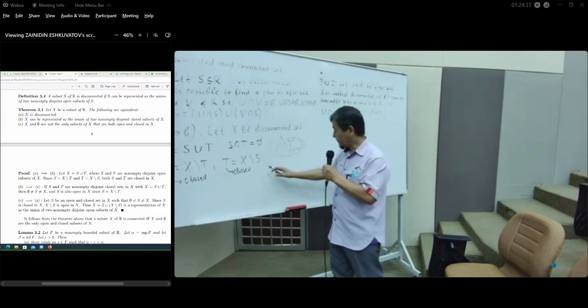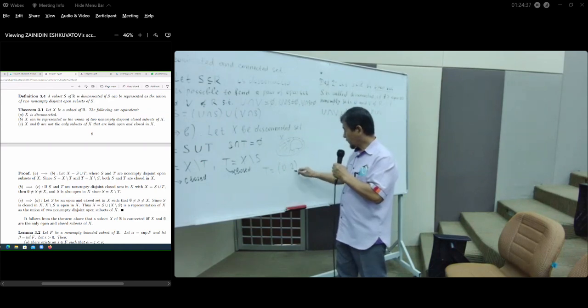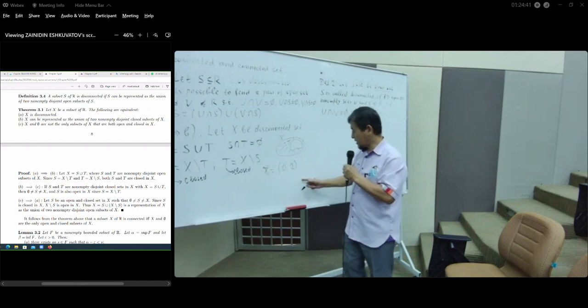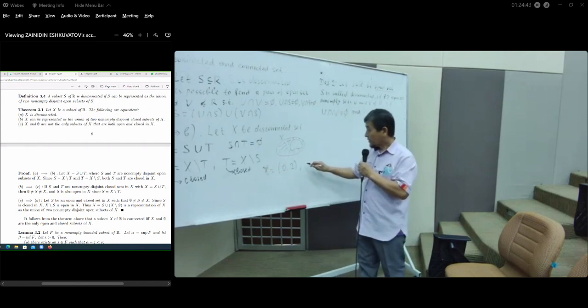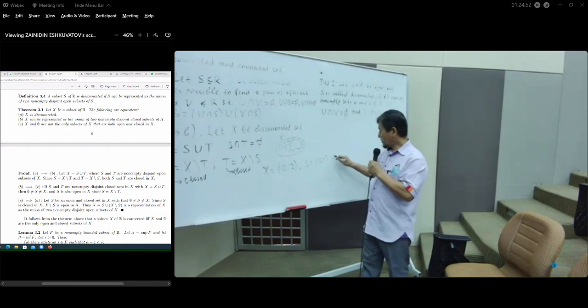Okay, for example, let's say X is the interval 0 to 2. And S is 0 to 1, and T is 1 to 2.